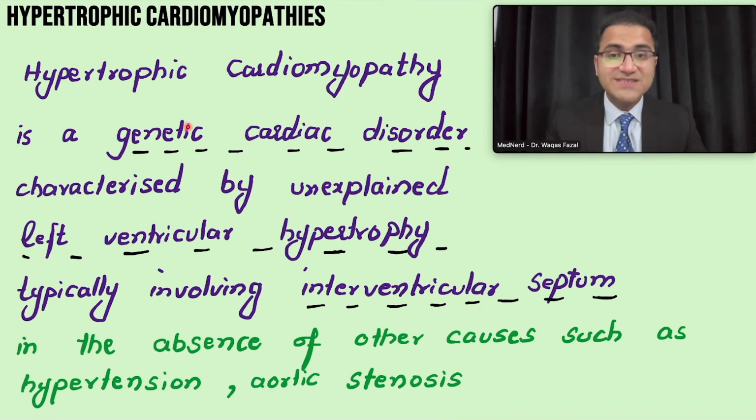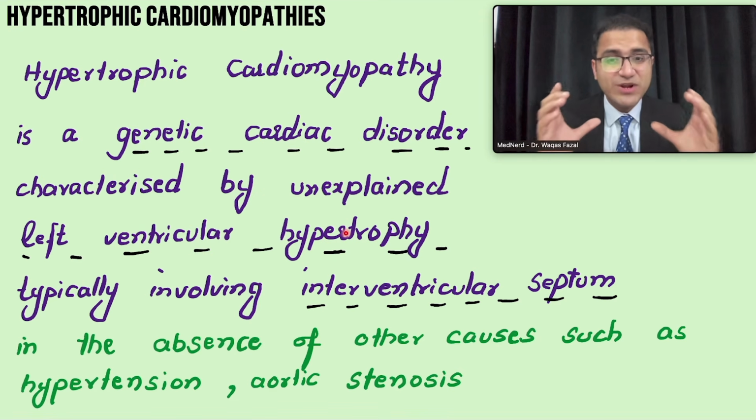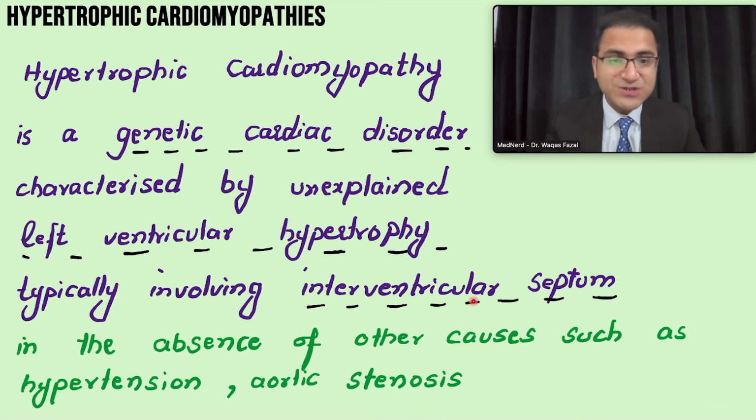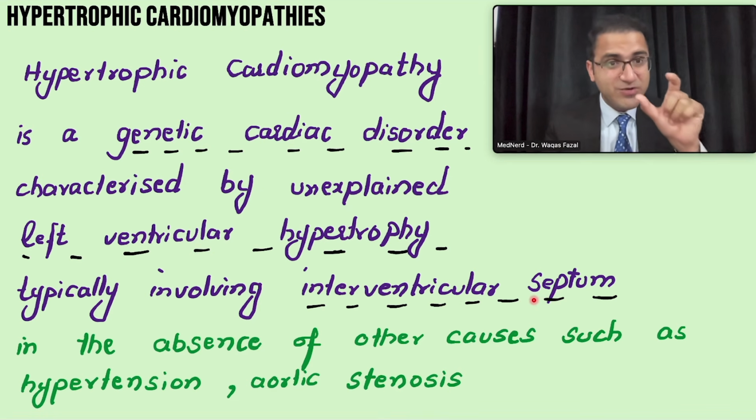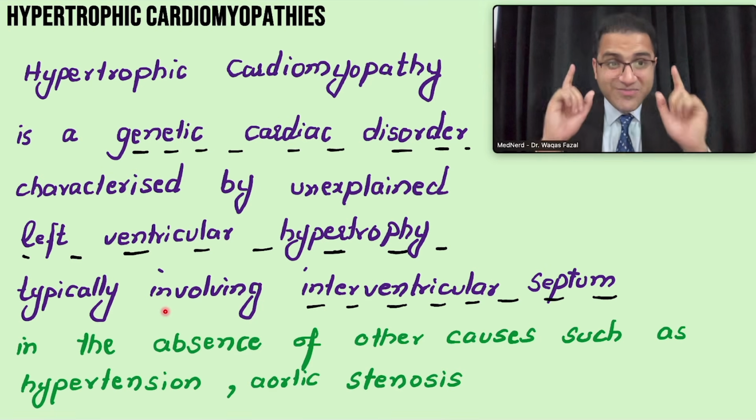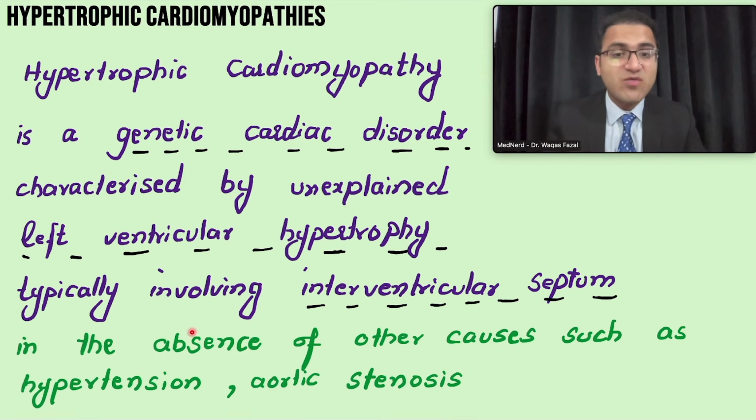Hypertrophic cardiomyopathy is a genetic cardiac disorder characterized by unexplained left ventricular hypertrophy. The left ventricular walls are getting thick and bigger, typically involving the interventricular septum. The septum is getting thicker as compared to the rest of the walls. And remember, this is in the absence of other causes such as hypertension or aortic stenosis.